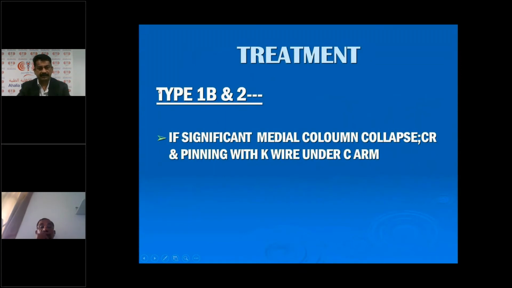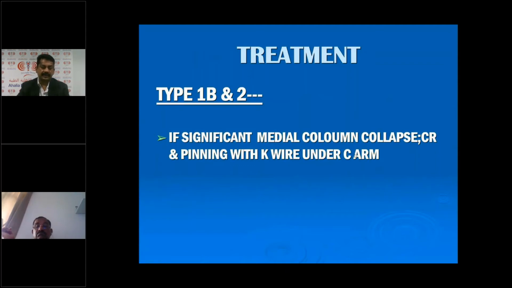The treatment of type 1B, as we have seen before, that is the Mubarak classification 1B, and type 2, that is the one with the posterior cortical contact. Previously, these were treated by closed manipulative reduction and cast immobilization. But the current teaching is if there is significant medial collapse, then closed manipulative reduction and pinning with K-wires is the treatment of choice.